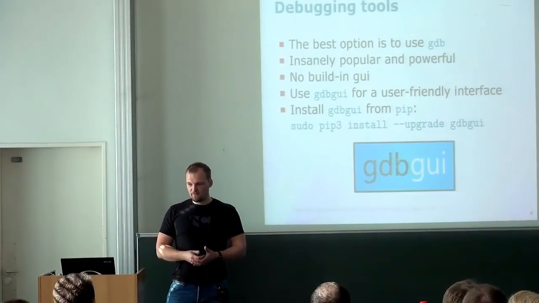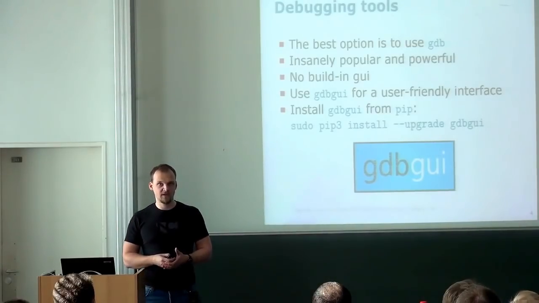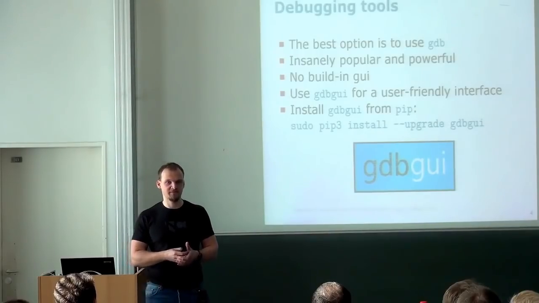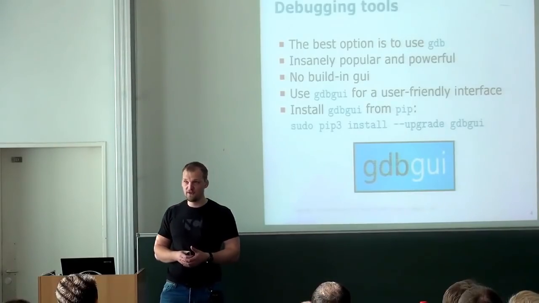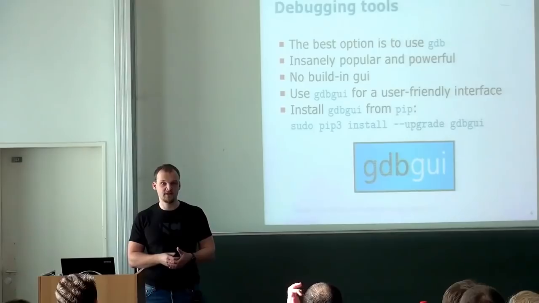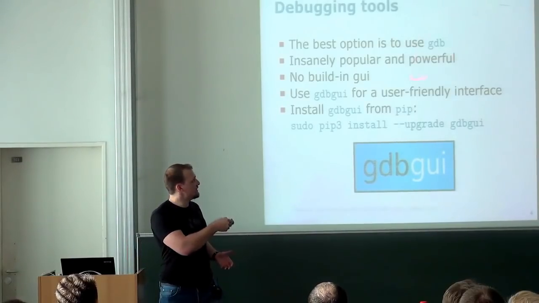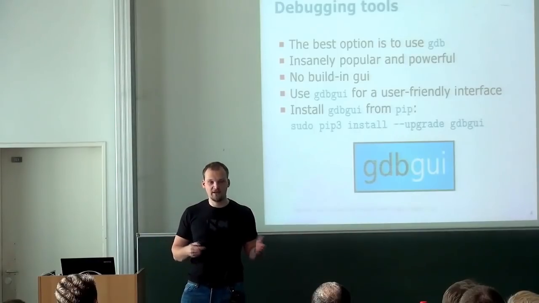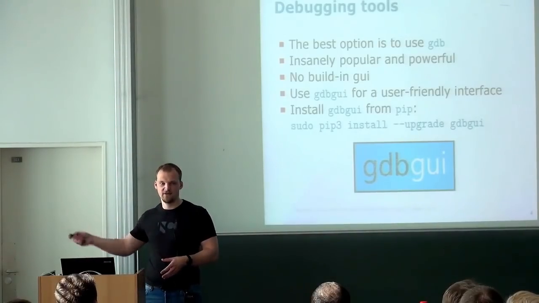Right. The Linux world is a bit hardcore in its debugging ways. There are two big debuggers that I know of. There was historically one, GDB. Now there is also LLDB, which is from the guys who do Clang and so on.